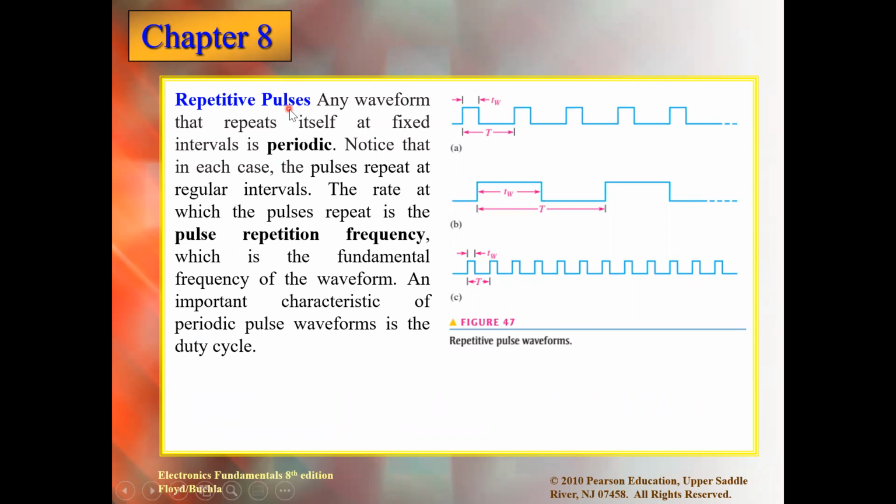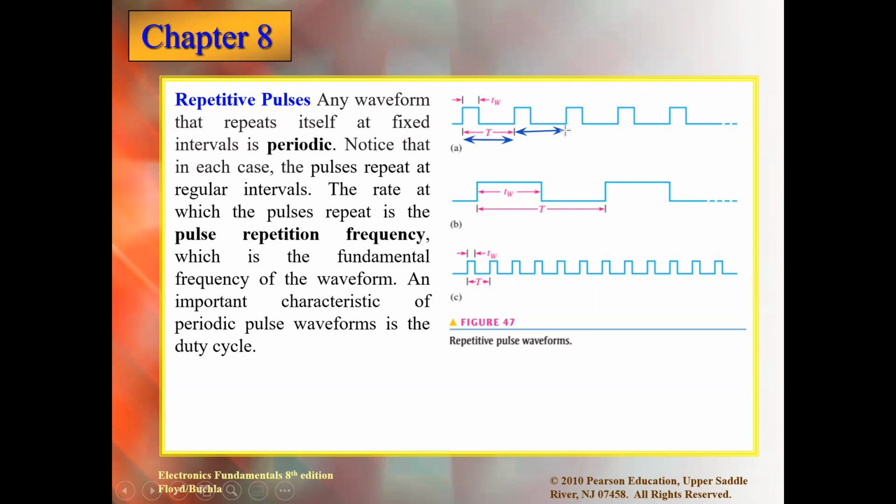Now for the pulses, one more definition comes, which is called repetitive pulses. When the word repetitive comes, it means something which keeps on repeating itself. So the pulses which keep on repeating themselves. If you look here closely, from this point to this point, this is repeating.